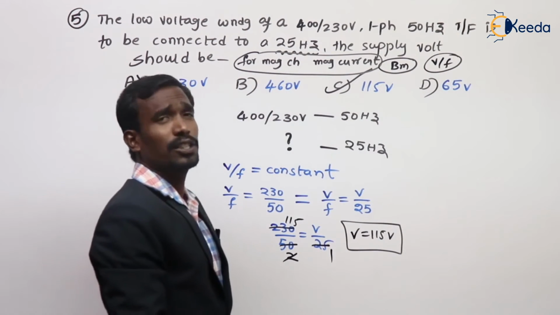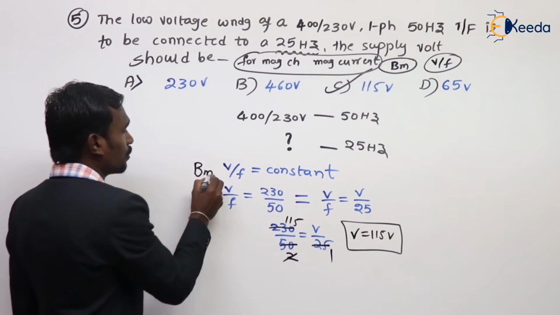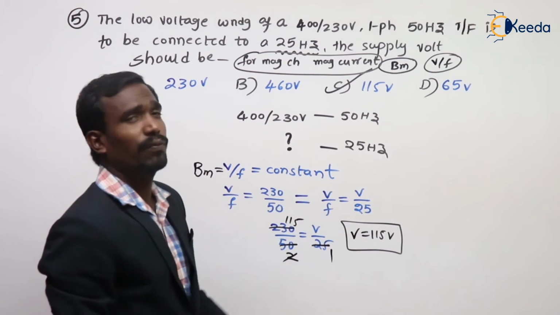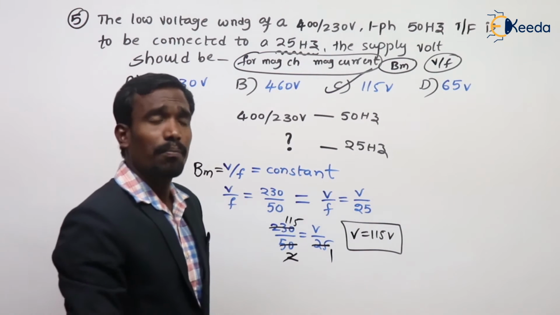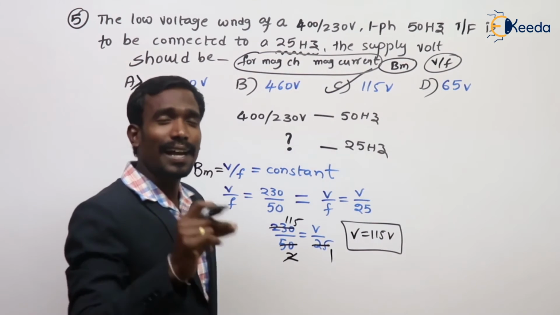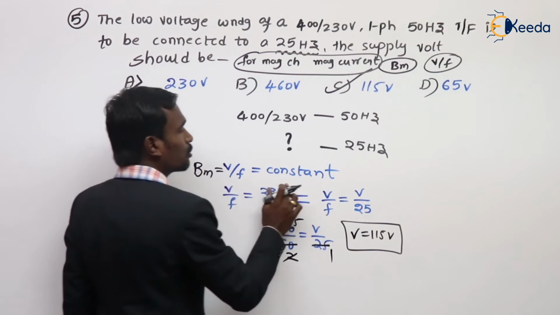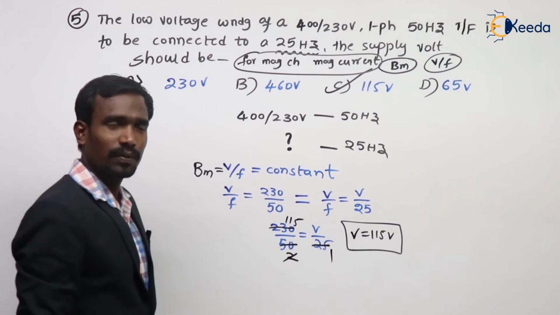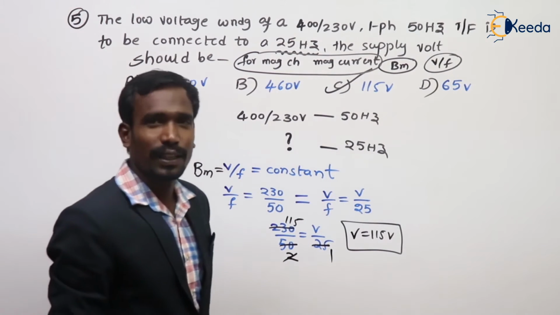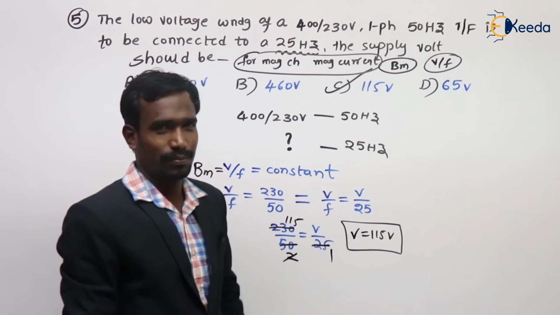If otherwise they don't mention, you have to consider the V by F ratio constant. V by F ratio is nothing but B maximum. B maximum constant, or V by F constant, or I mu constant, magnetizing current constant, magnetizing component constant. Like that they will ask in the question. For all the questions the answer is that we have to maintain V by F constant. If V by F is constant, then the voltage should be 115 volts. This is an important question for competitive exams, right?